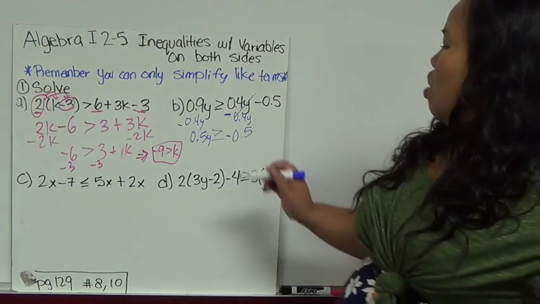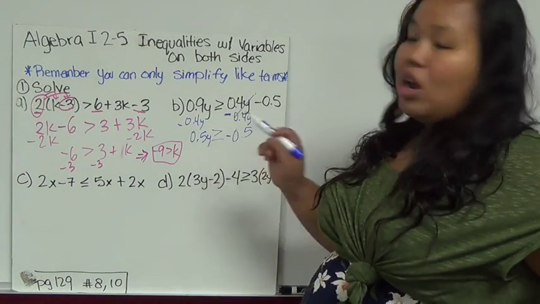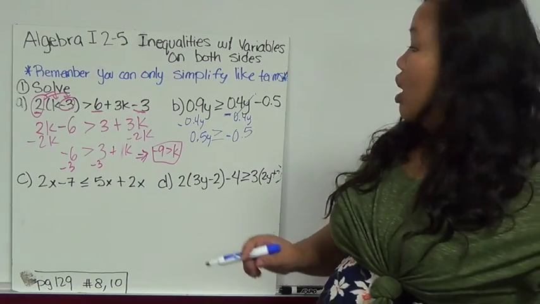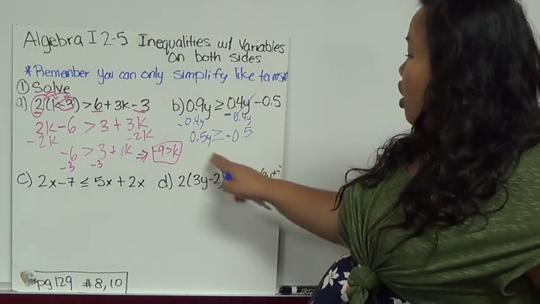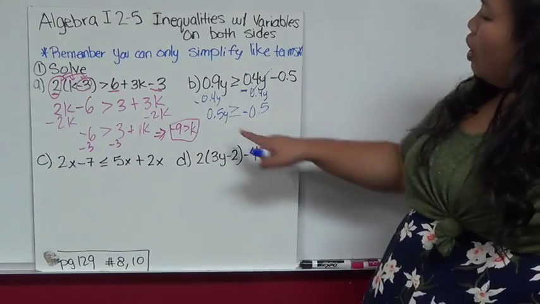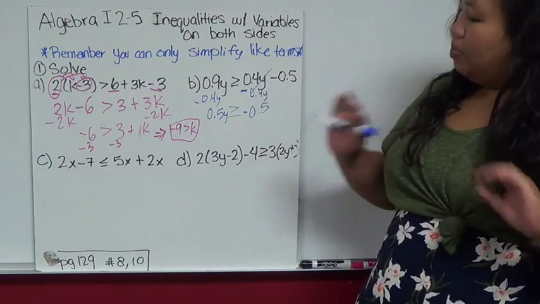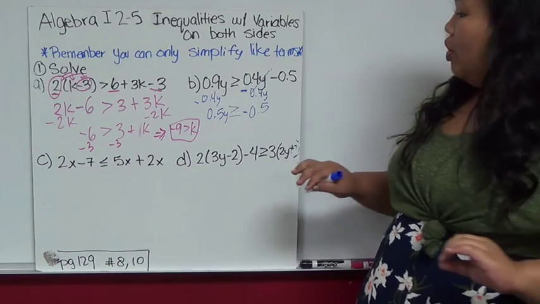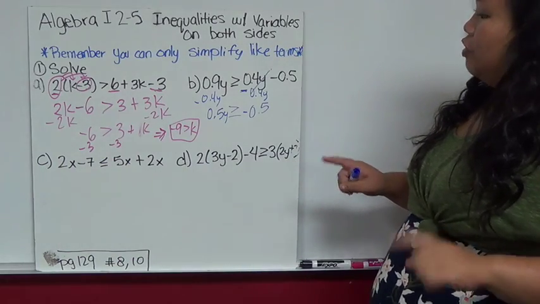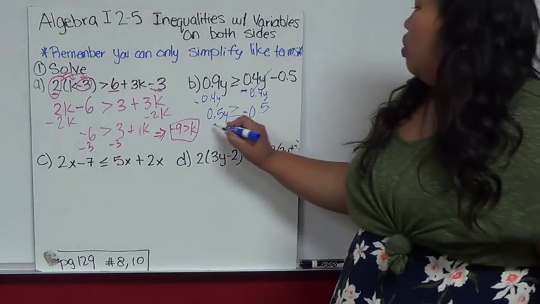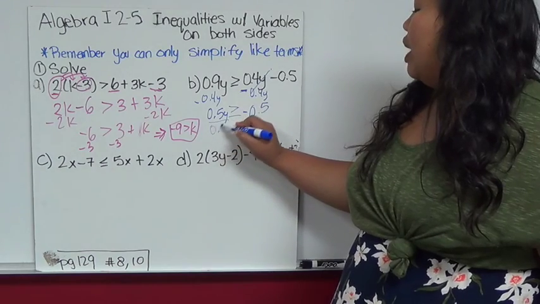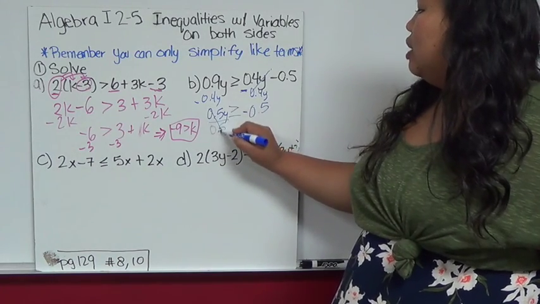So now, if I wanted to bring the whole thing over, I just subtract. But if I want to take 0.5 and separate it from y, I have to divide. Dividing is the only way I can separate them, because this cancels out.